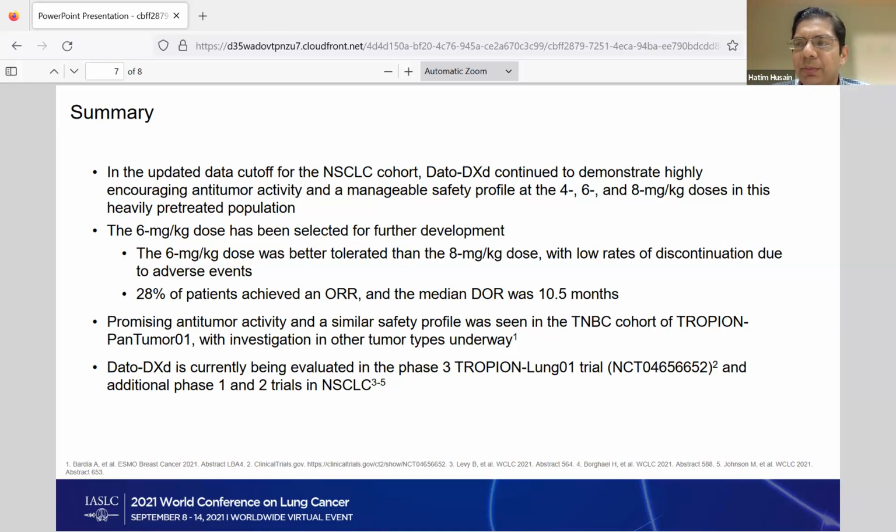So we don't know that the response rate will be as high as it was in the first line, where, as you had mentioned, it was in the mid-50 percent range. So we just have to see how that will go. There is a concept of immunogenic cell death and how these agents may cause immunogenic cell death. We'll just have to see how that plays out.